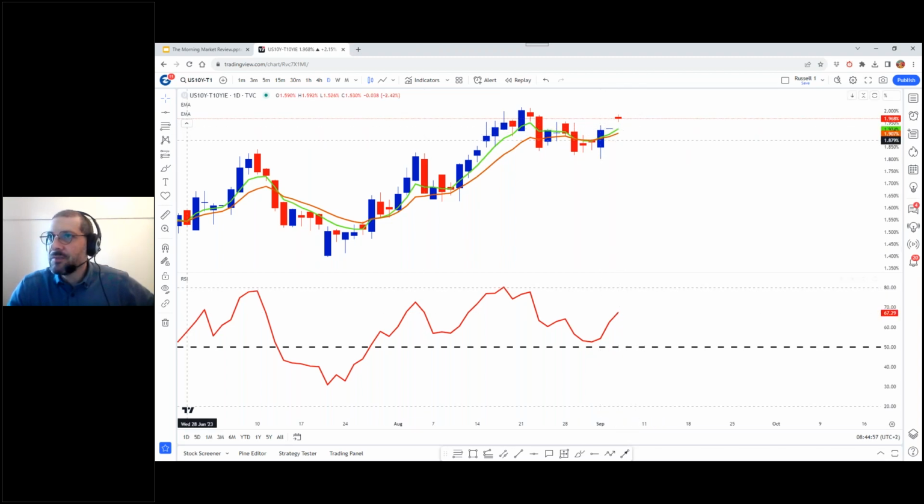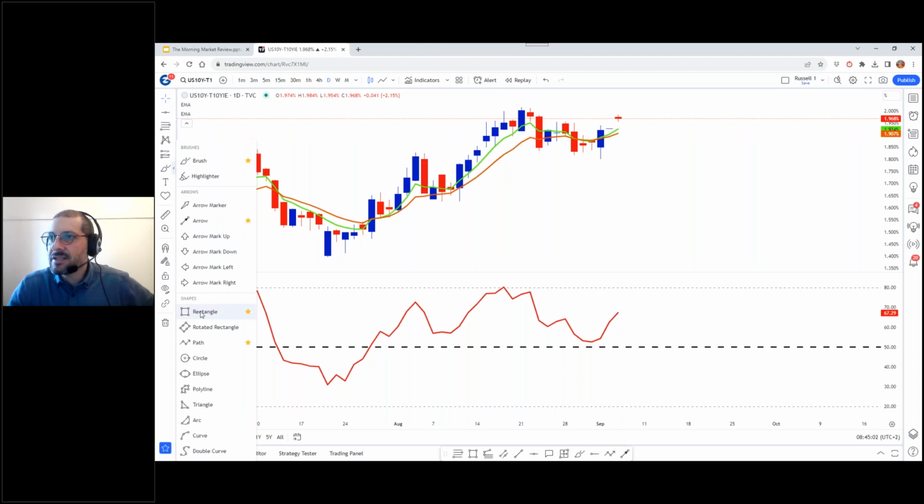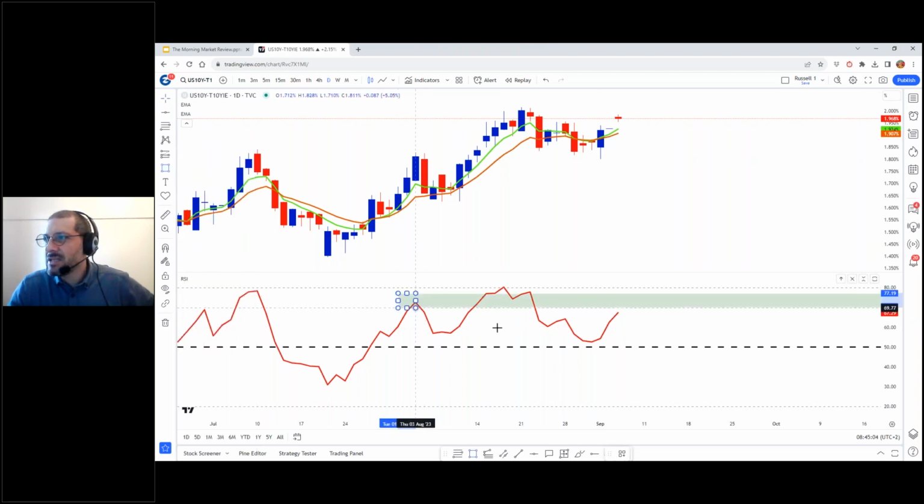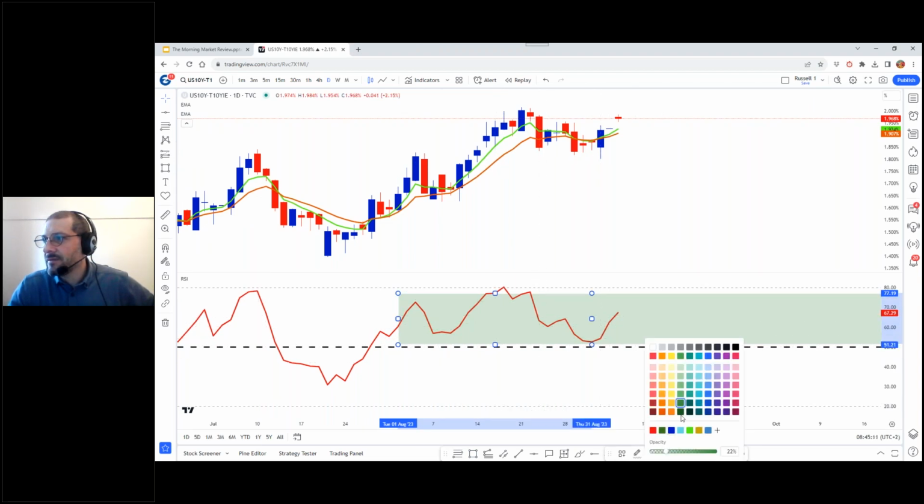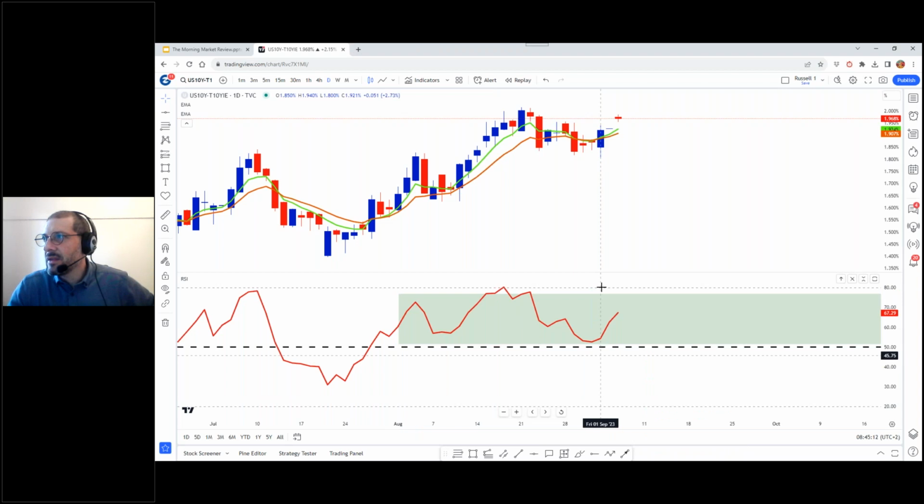And of course, the RSI, which is a measure of momentum, is above 50. By and large, it looks as if there is support for the 10-year.